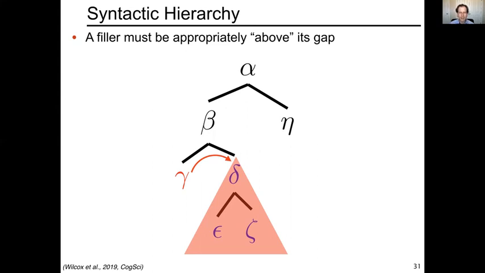One crucial fact about the syntax of filler-gap relationships is that the filler has to be appropriately, quote unquote, above the gap. So if gamma here is the filler, then in a syntactic tree schematic, the gap should appear somewhere inside the sister of the filler. And so we should not be able to put a gap up here, in something higher than the filler.